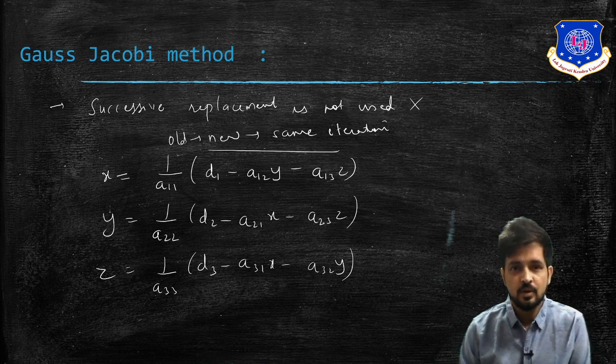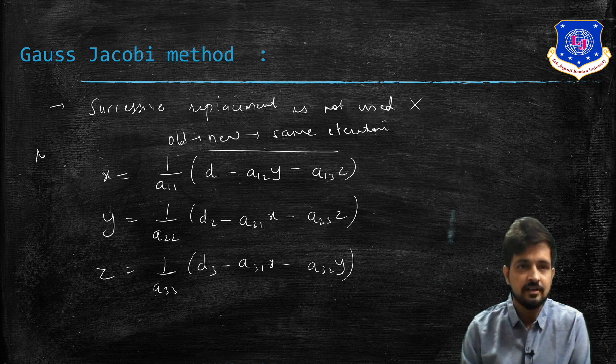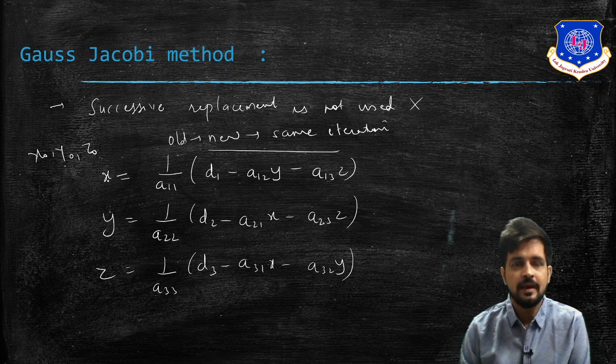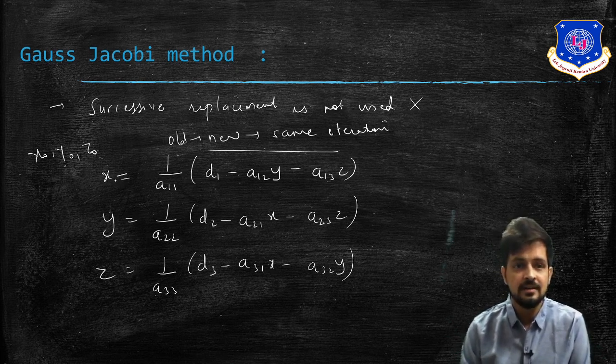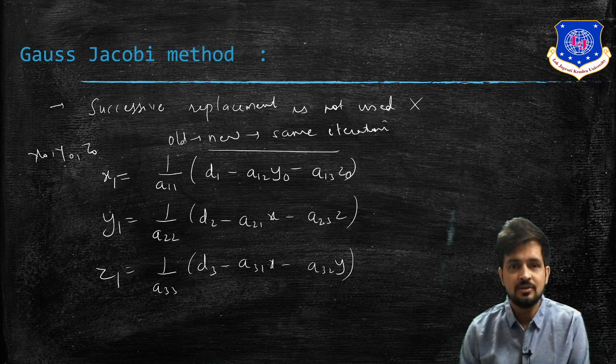Okay, this is the equation. Now, if x0, y0, z0 is given and I want to find the first iteration, x1, y1, z1, then here I have to write y0, z0, here x0, z0, and here also x0, y0.